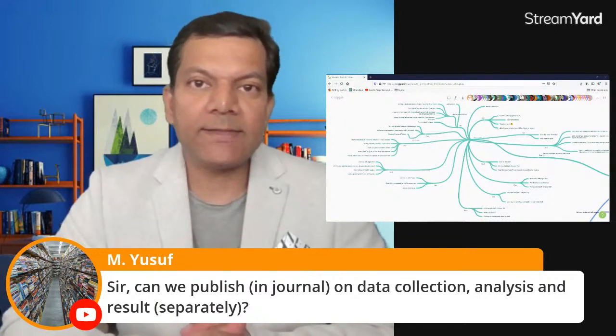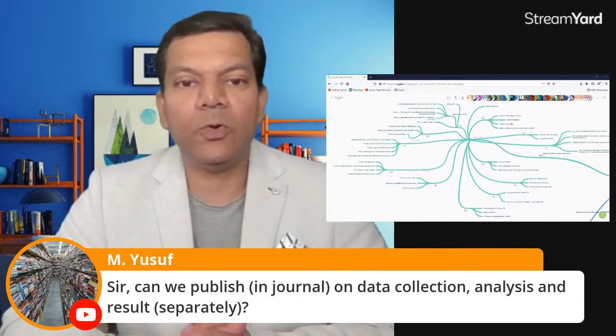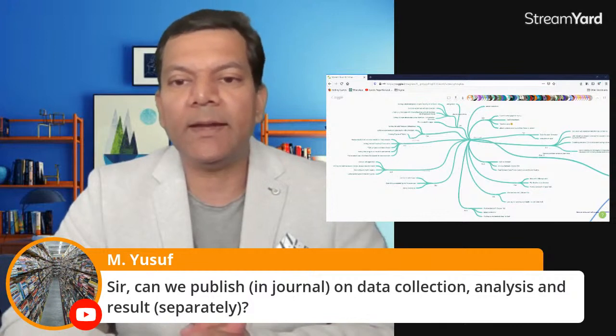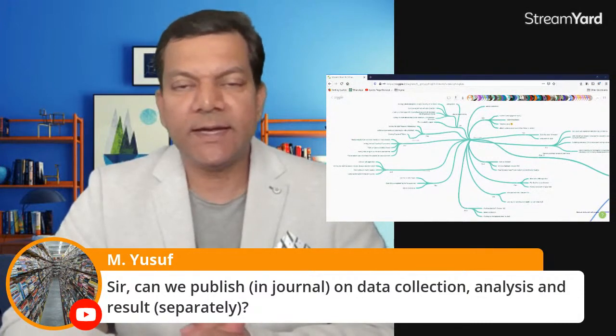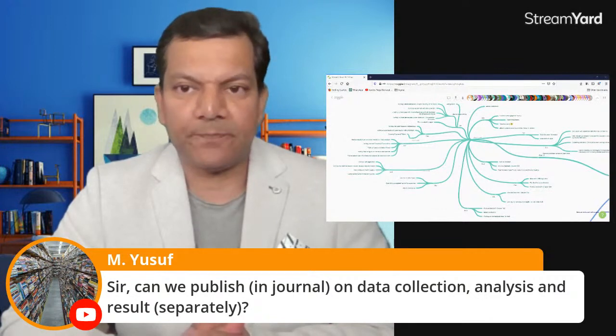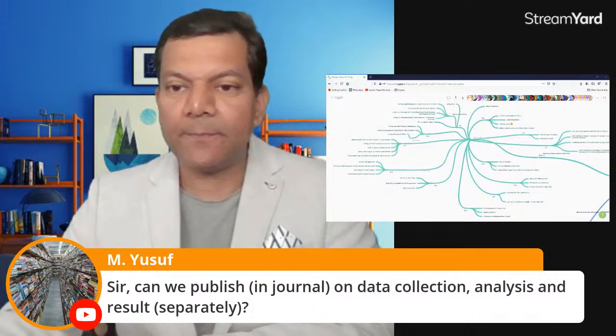So I would suggest not to split your paper into data collection, analysis, and results separately, because it would be incomplete, and it does not reflect very well on you as a researcher. People would feel that you have just sliced and diced your research to get more publications. Although it does happen, like I have seen that.